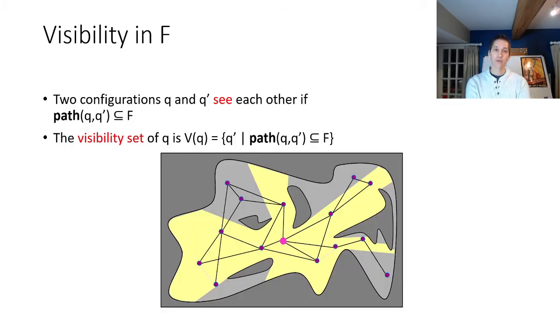So we're going to introduce a notion called visibility. Visibility is defined by having 2 points seeing each other if there's a collision-free, straight line path between them. And so we can also define the visibility set of a single configuration as the set of configurations that a certain feasible configuration can see with a straight line path. So this would be denoted by this yellow region shown here for this highlighted point.